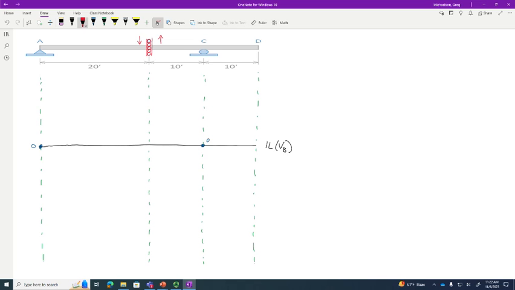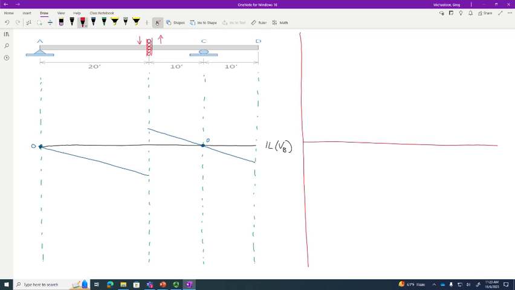And I propose what it's going to look like is this. I'm going to have one side that goes like that, and another that's going to go like this. Now, let's just sort of draw this and let's digest it. Okay? So let's see what I did here. So let's do this. Okay, so let's do the shear at B first.